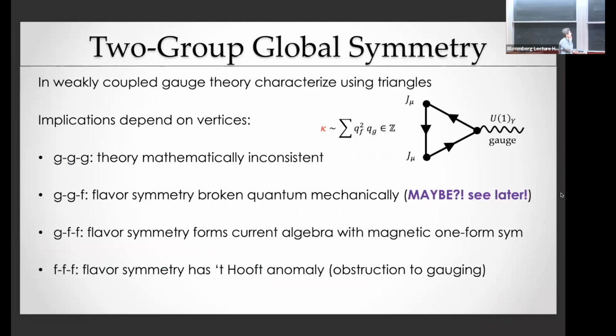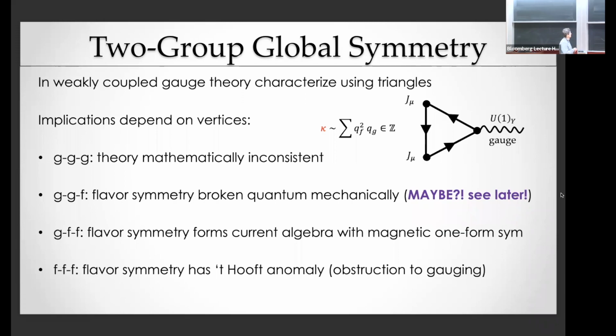So you might ask, how do we summarize what we're talking about in a weakly coupled gauge theory? We're talking about something sort of similar to anomalies, but slightly different. So let's look at a weakly coupled gauge theory where we can characterize various phenomena using triangle diagrams. And the meaning of these triangle diagrams depends on who lives at the vertices.